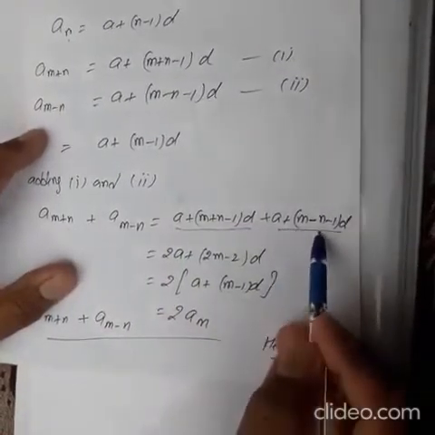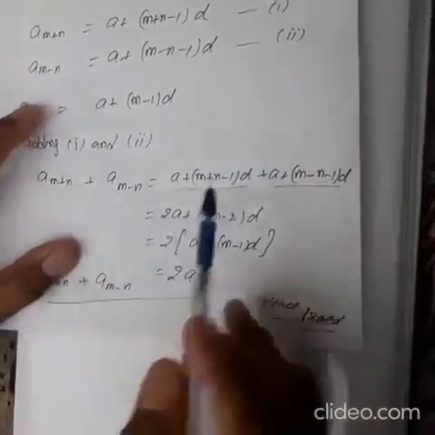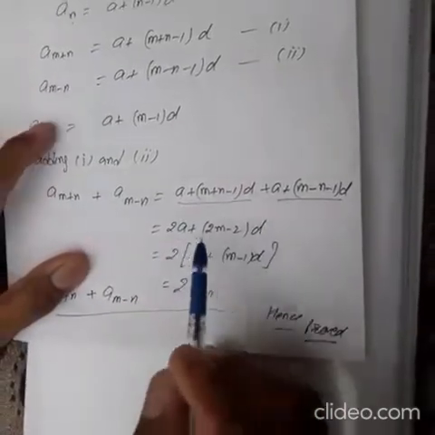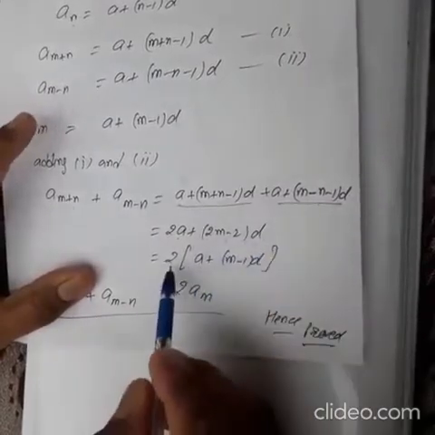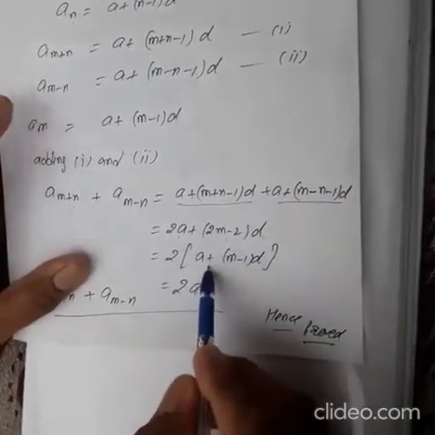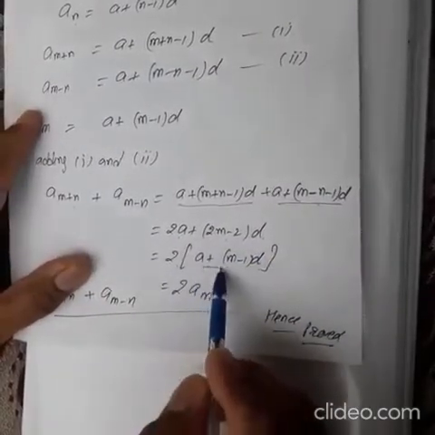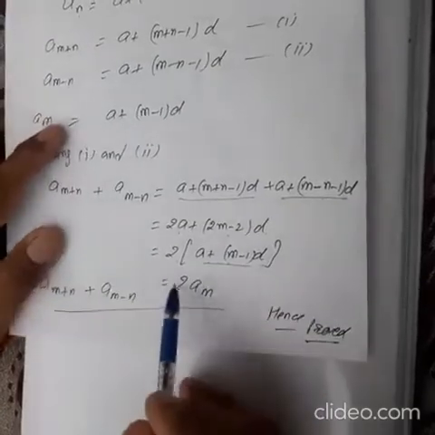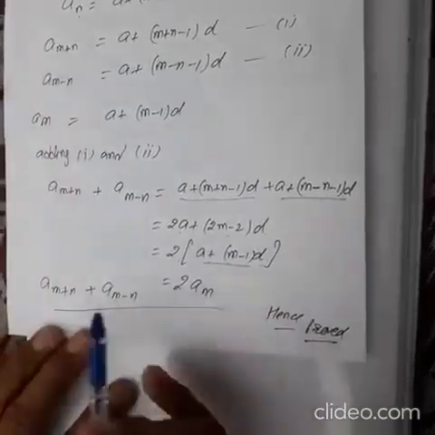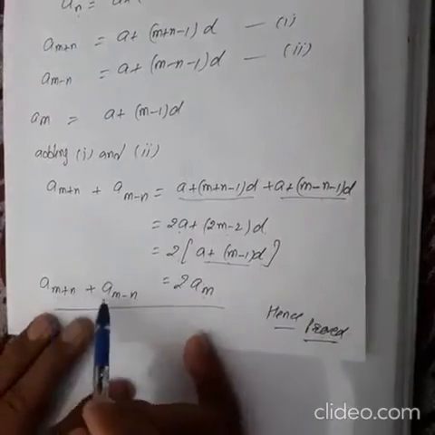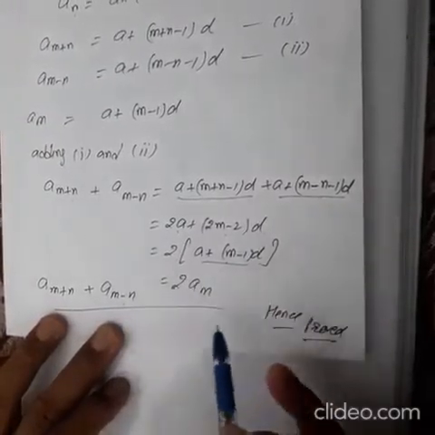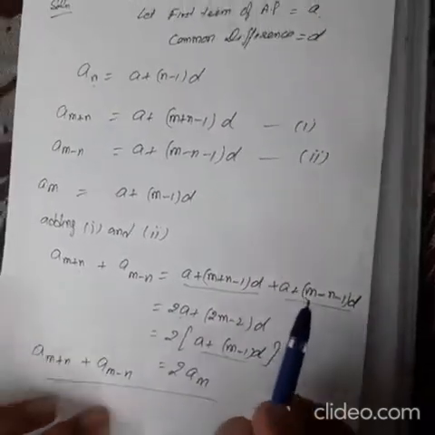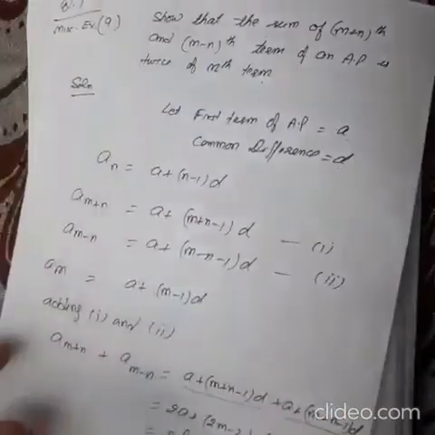After simplification, you will find it is 2a plus 2m minus 2 into d. After taking 2 common, it is a plus m minus 1 into d, which is equal to am. So it is twice am. So this is what we have to prove. The sum of the m plus nth and m minus nth terms is twice the mth term. Hence proved. So that's all for today. Thank you.